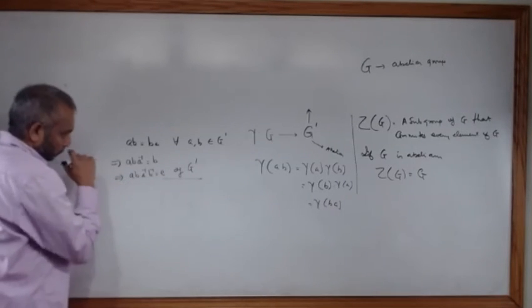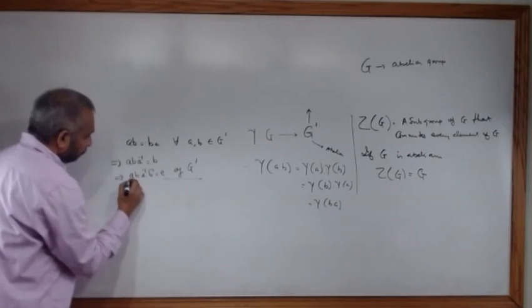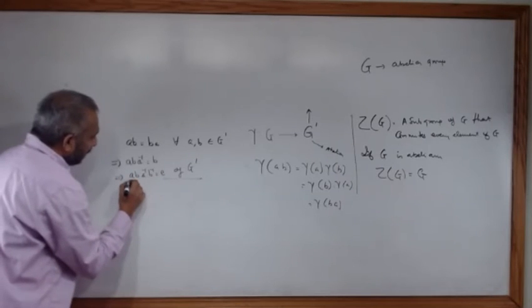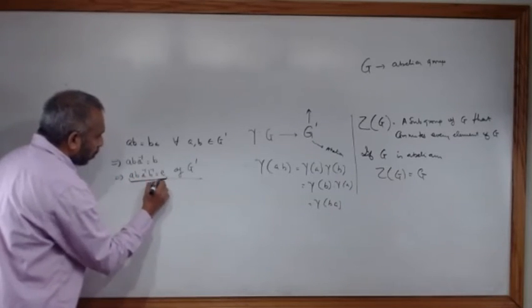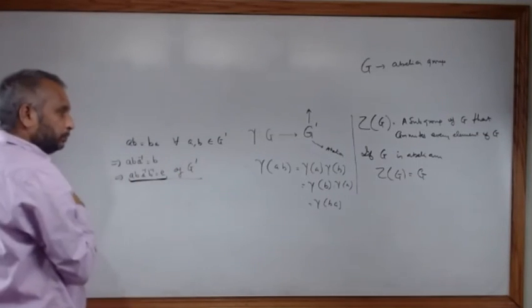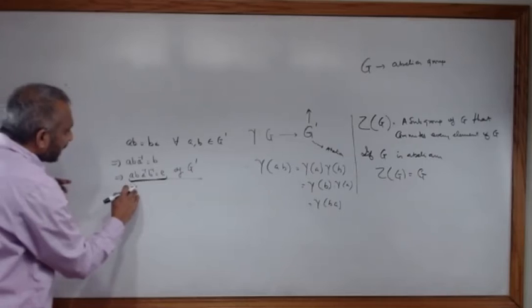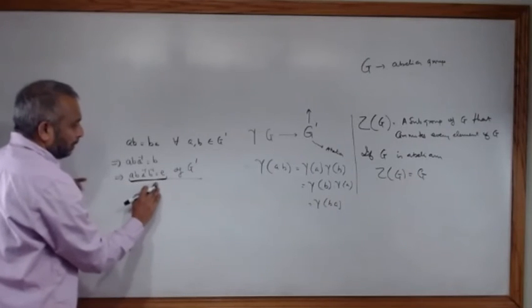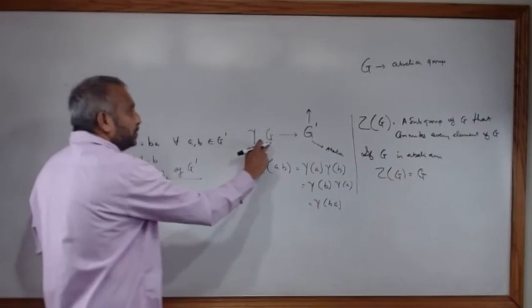So if this condition is true in here, then G prime is abelian. So this is a relation that we can define on a subgroup of G.